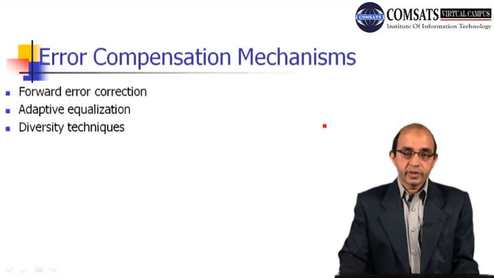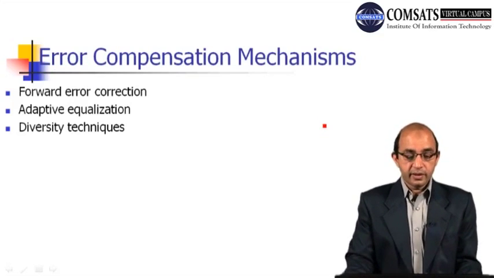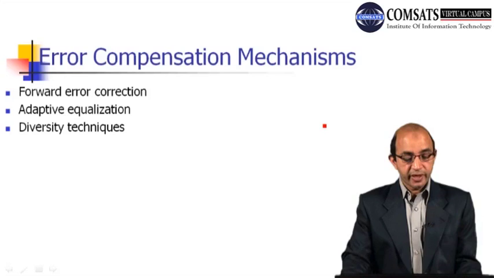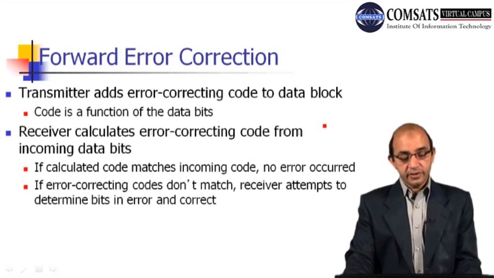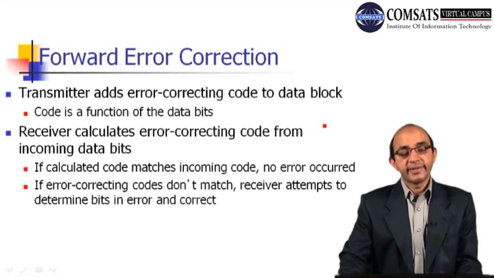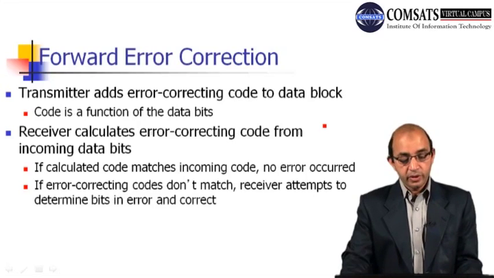So then we have some error compensation mechanisms: forward error correction, adaptive equalization, and diversity technique. In forward error correction, the transmitter adds some sort of error correcting code to the data block, right? So the code is a function of the data bits.